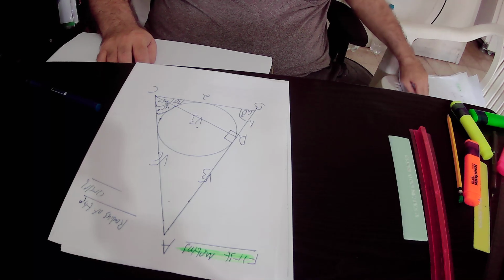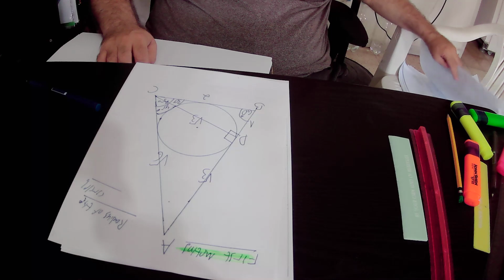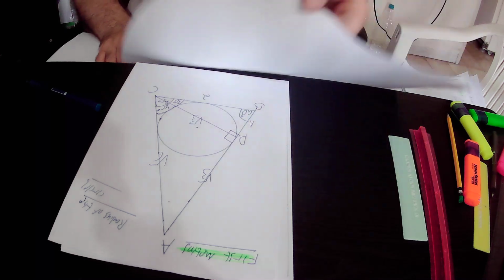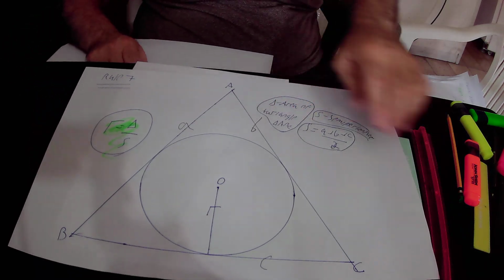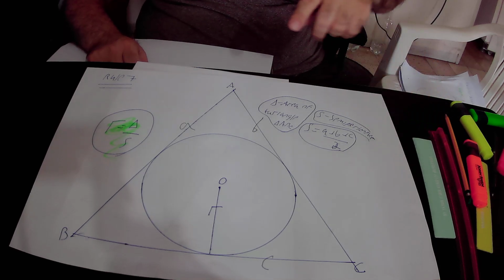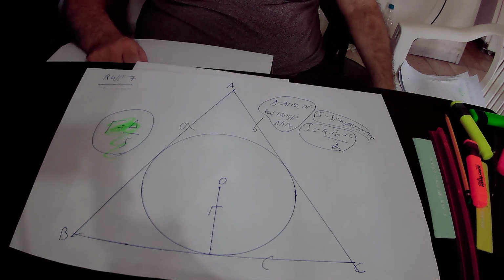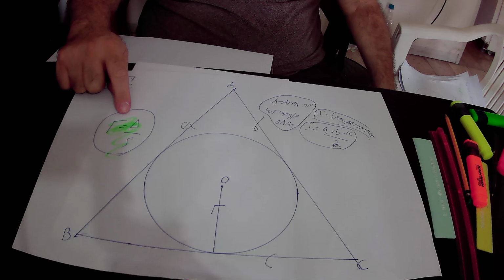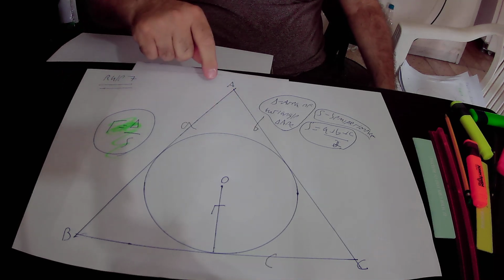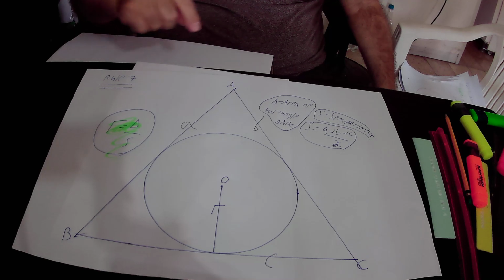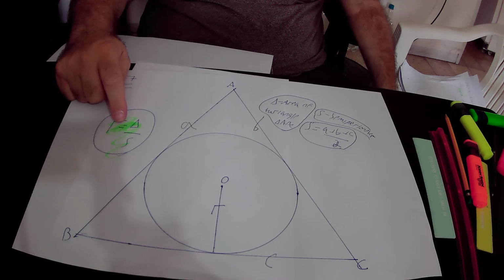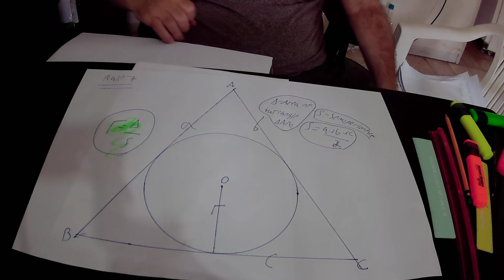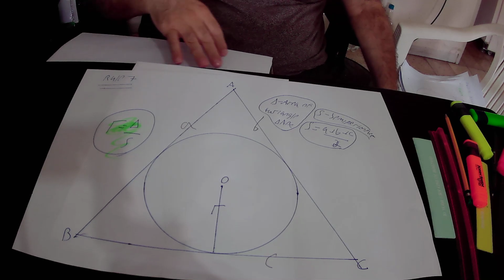According to the formula, the radius of this circle that is described by triangle ABC equals, here, R equals the area of the triangle that blocks the circle, in this case triangle ABC, over S, and S is the semi-perimeter of the triangle, in this case triangle ABC, or the semi-perimeter of the triangle that blocks the circle.